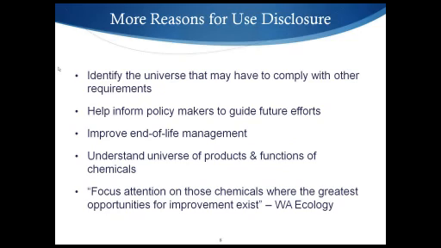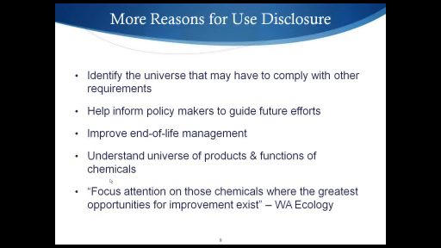Next slide, Adam. So other reasons for disclosure we've already talked about. The need to know what's the universe of companies that use or manufacture and/or distribute products with chemicals of high concern in them, so that we understand more about the potentially regulated universe should other additional requirements come into play.